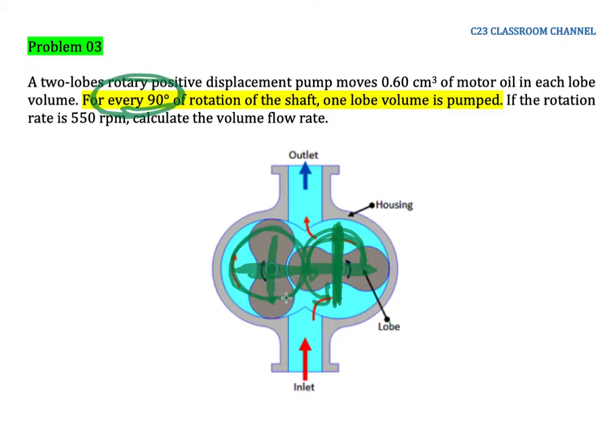So every change is actually 90 degrees. This is the idea of this statement. Each lobe volume means the volume inside this one. So every time it turns 90 degrees, 0.6 centimeter cube of motor oil is being pumped.